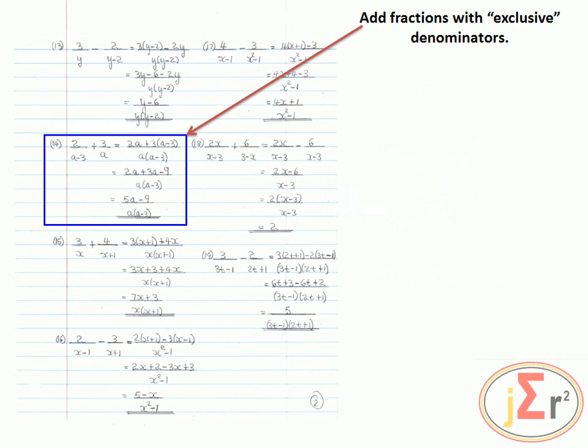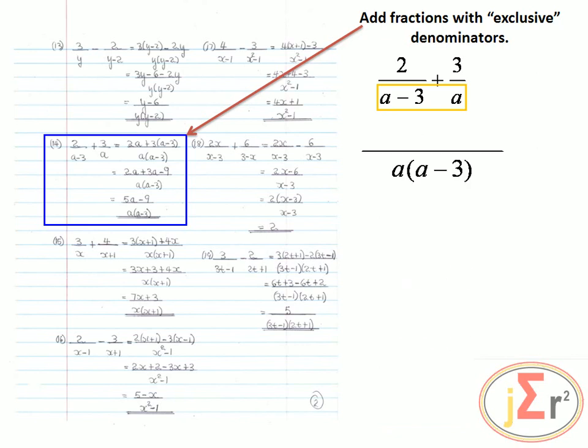Here we have another problem in which we are adding fractions with quote-unquote exclusive denominators. And we will take the same steps. The new denominator will be a product of the two denominators.